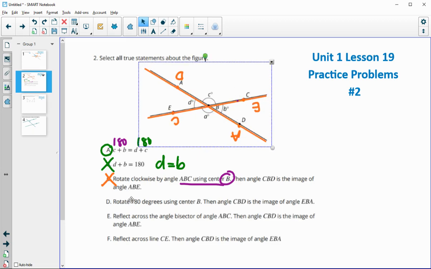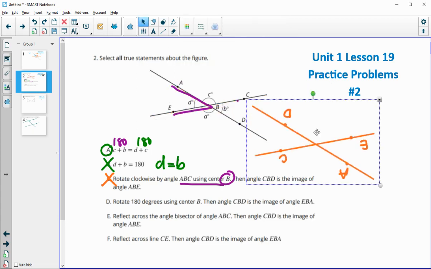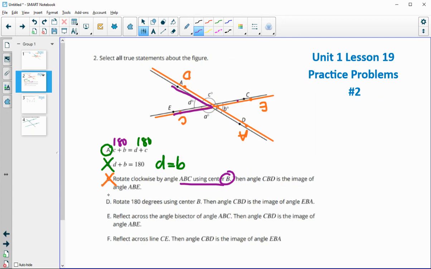And now it's saying that angle CBD is the image of EBA, the original EBA. If we take a look at that, we see EBA is where that new angle landed. So this one is true.